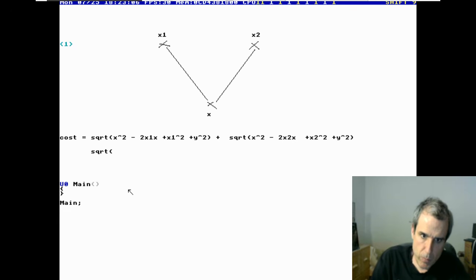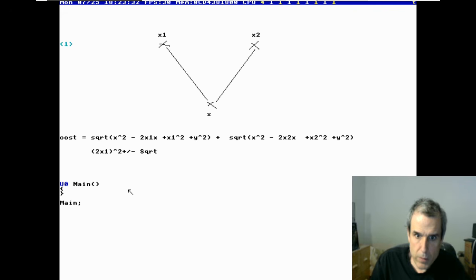Square root b squared. Let's see, b squared, 2x1 quantity squared, b squared, plus minus square root.